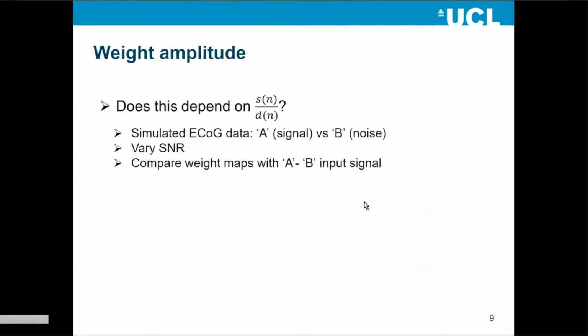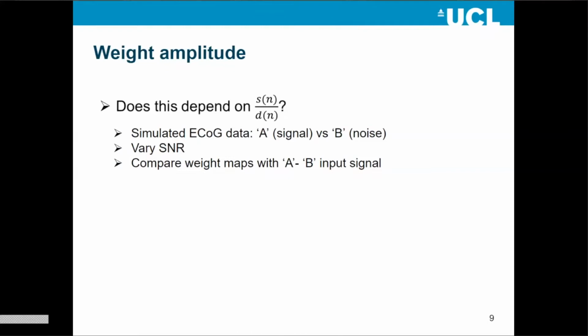I had rest data, and I randomly added windows of condition A and condition B. For condition A, I added a step signal in the high-frequency broadband, and for B, I did not. I varied the amplitude of that step to vary the signal-to-noise ratio, and I also varied the number of channels that I added that signal on.